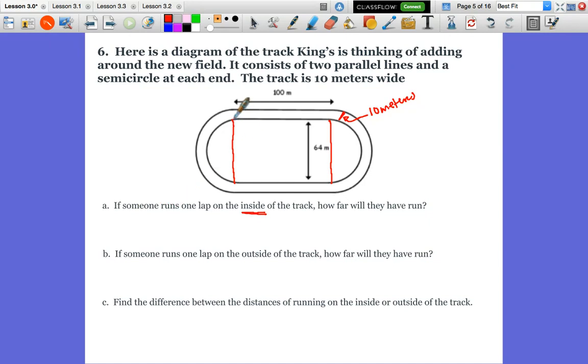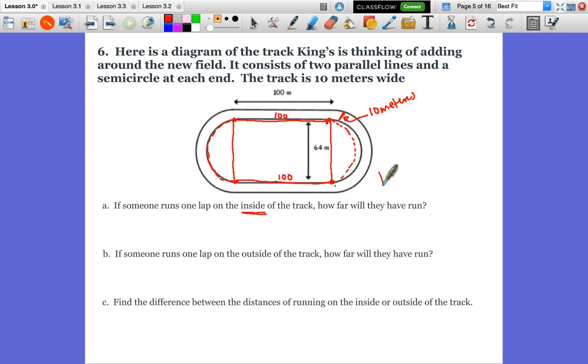So we probably know this length, from here to here and from here to here. Right? So we know that this is 100 and this is 100. We just need to now figure out, well, what is this distance? Which is going to be the same as this distance. You guys know area.